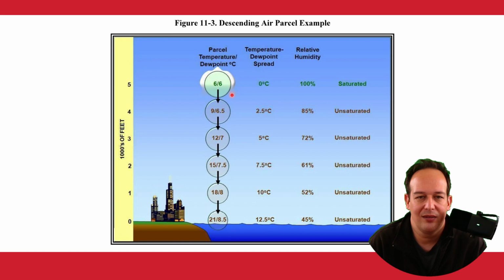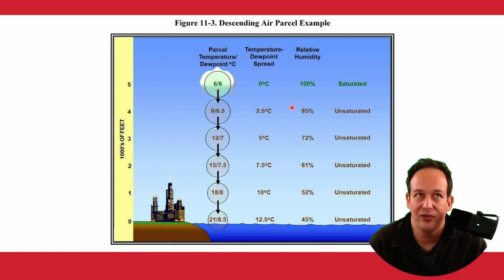As it's descending, the temperature is going to increase at the dry adiabatic lapse rate of 3 degrees Celsius per 1,000 feet, and the dew point will increase at a rate of half a degree per 1,000 feet. At this 5,000 feet here, it was 100% saturated, but as the air temperature warms, remember the air can hold more moisture, and so the relative humidity will actually decrease because now there's less moisture.